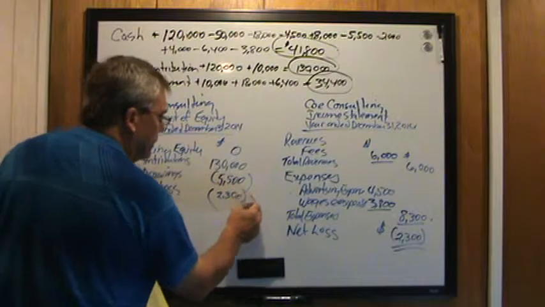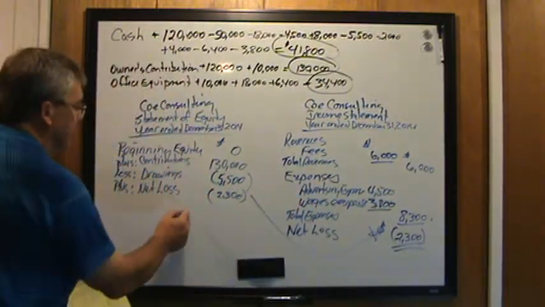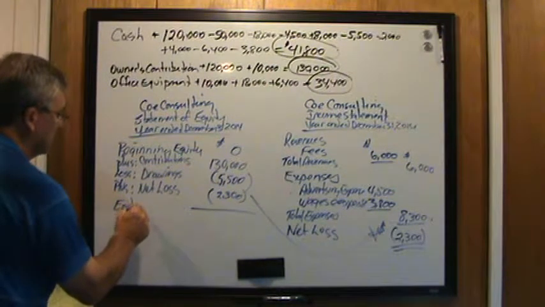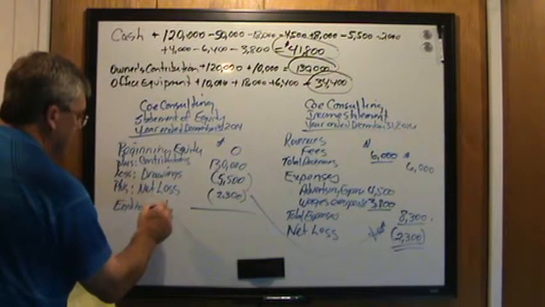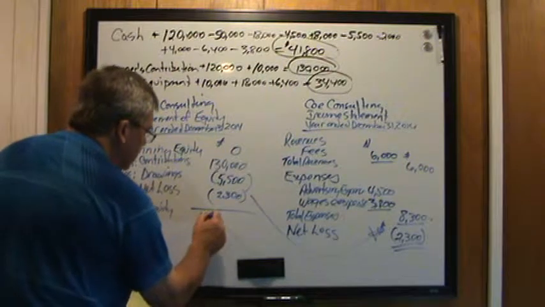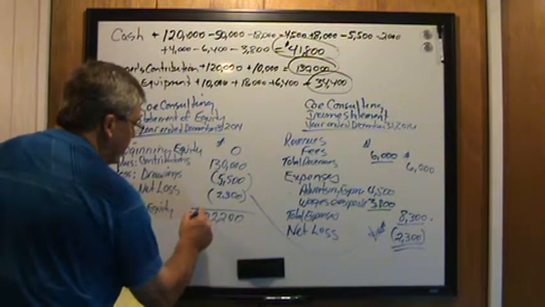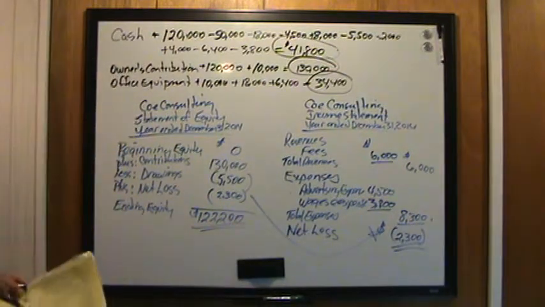So this number comes from here. Okay, so now we have our ending equity. Ending equity is $122,200. Dollar sign, double underline. Okay, that's the end of that statement.